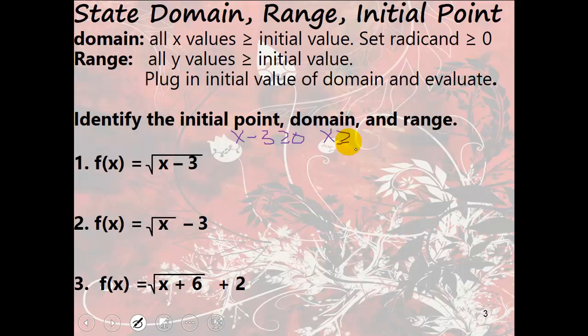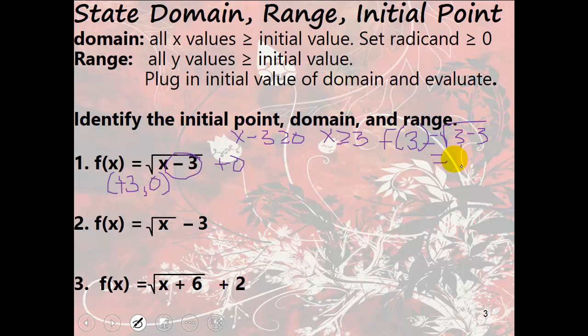The other way to do it is to take the opposite sign of this value. So I get positive 3. And then I take whatever is being added or subtracted outside or after the radical. So that would be 0. The other way to do it is to plug it in. So f of 3 is equal to the square root of 3 minus 3, and that equals 0.